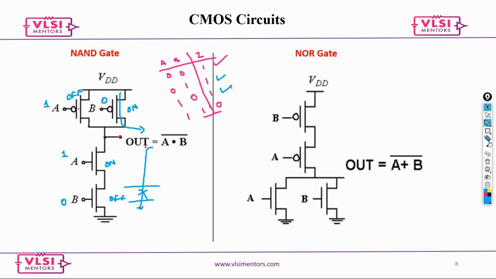Okay. Now coming to the last case. Assuming both A and B are 1, what is going to happen now? Both PMOS are going to get 1, 1, and this is going to be on, this is going to be on, this is going to be off, this is going to be off.